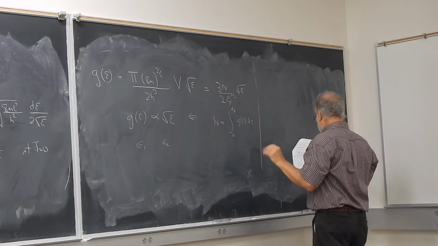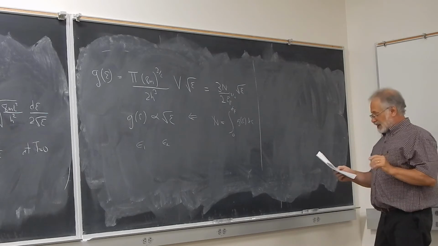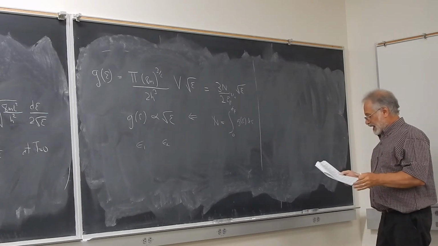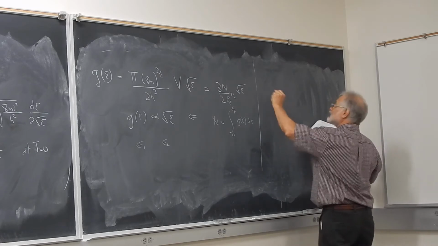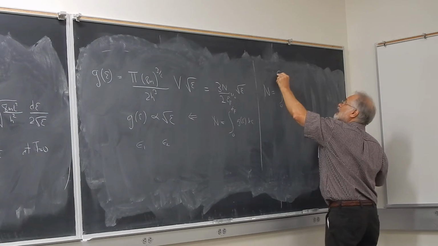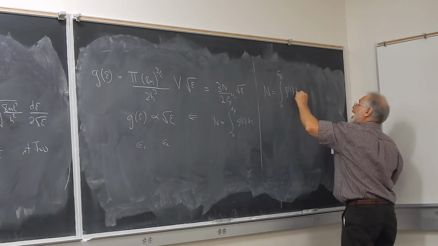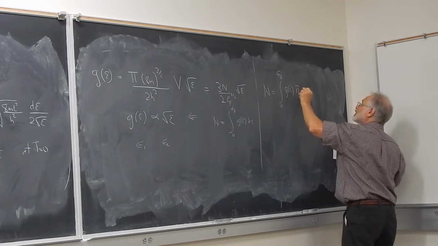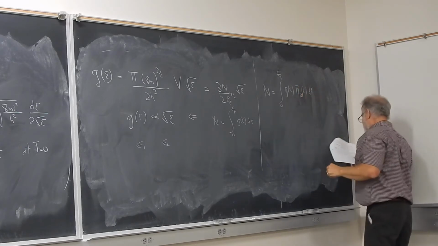If T isn't 0, what we do is multiply g of E by the probability of a state with that energy being occupied, in other words, by the Fermi-Dirac distribution. So we can say n is equal to the integral of g of E times n_FD, the Fermi-Dirac distribution of E, dE.